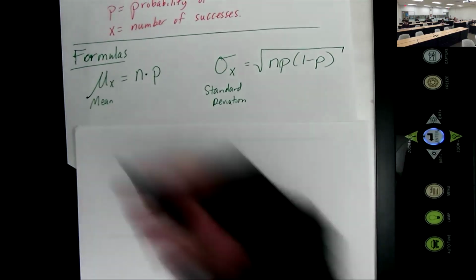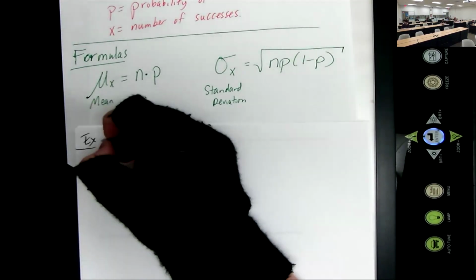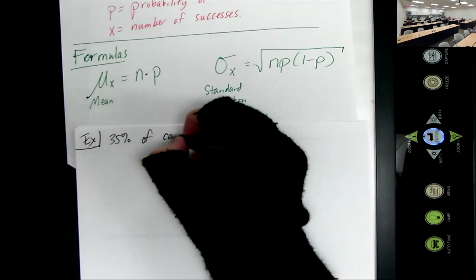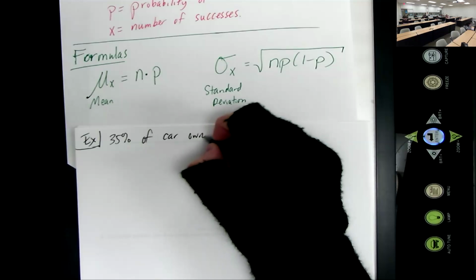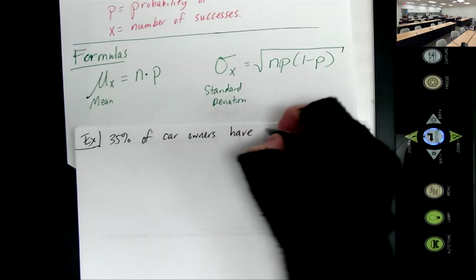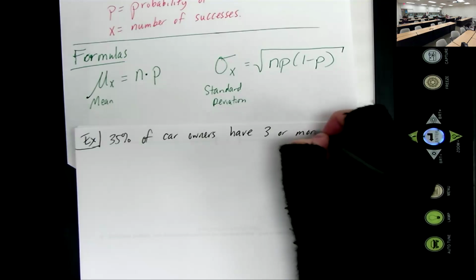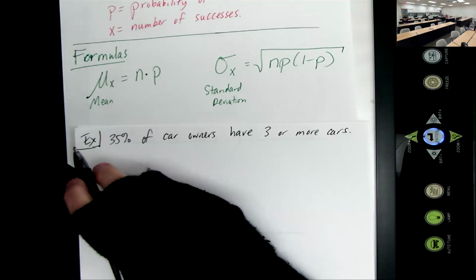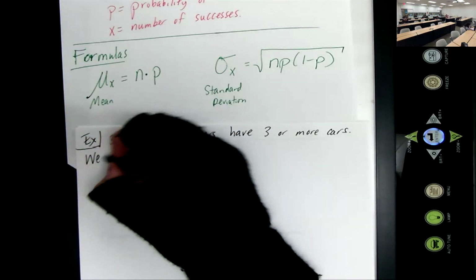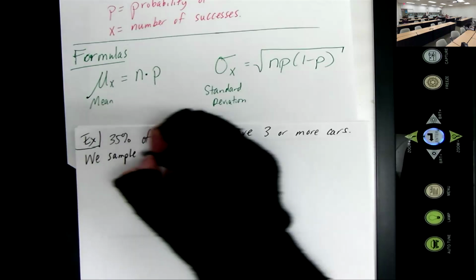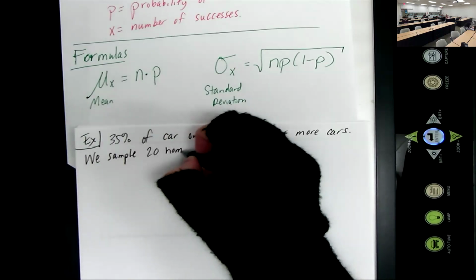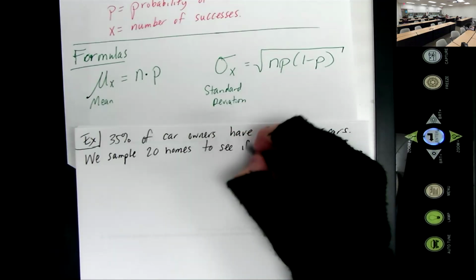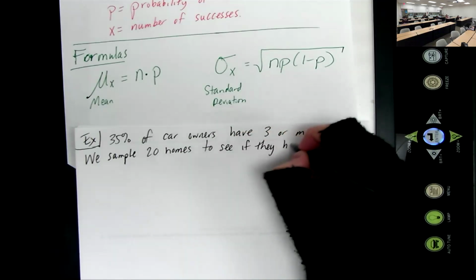Example. 35% of car owners have 3 or more cars. We sample 20 homes to see if they have 3 or more cars.